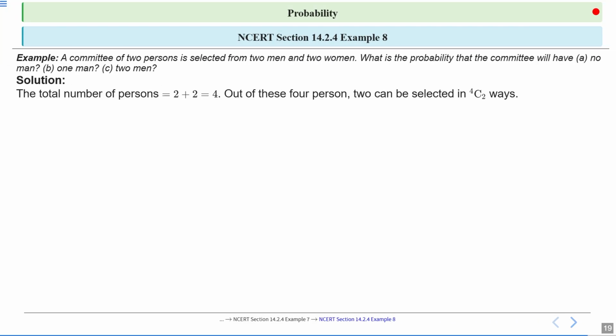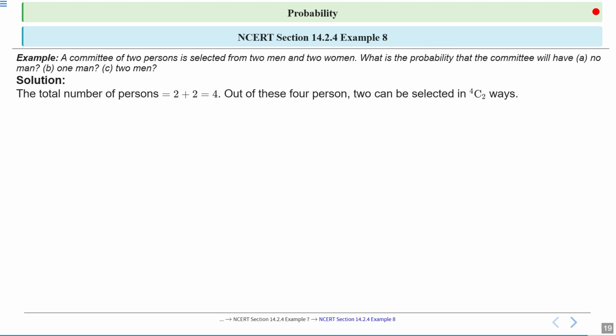The total number of persons is 2 plus 2, which is 4. Out of these 4 persons, we have to select 2. Two can be selected in 4C2 ways.